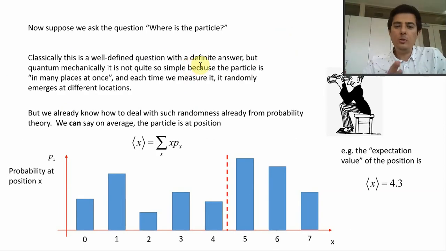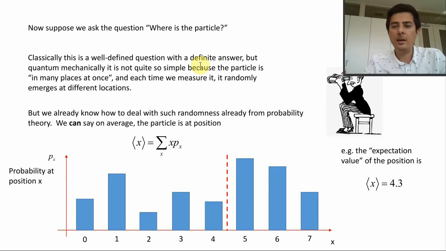But actually, we do know how to deal with something like this. For example, if you have some random particle, not quantum, but just a regular random particle, or a random object like a die or roulette wheel, then even though it's random, we can say certain things about it.